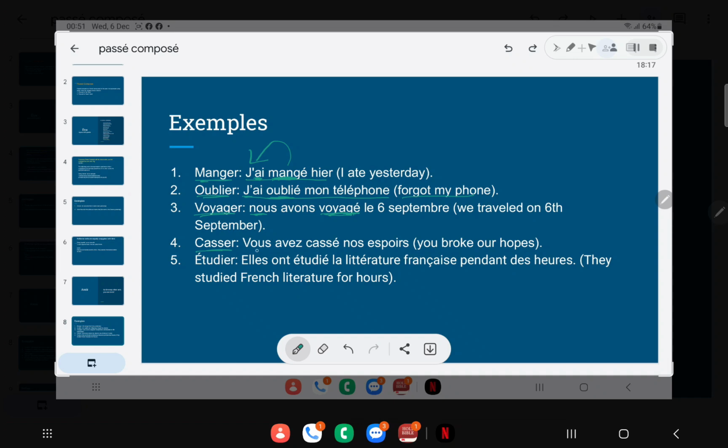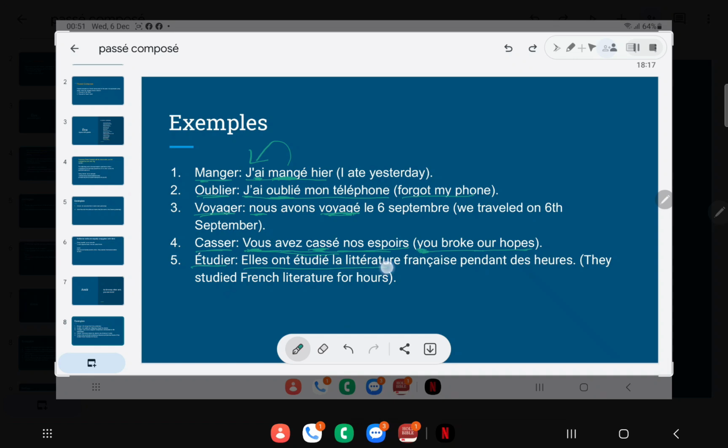Casser, to break. Vous avez cassé nos espoirs. You broke our hopes. So nobody cares if vous here is masculine or feminine. Cassé remains the same. Just conjugate your avoir and attach the participe passé form of casser. Étudier.